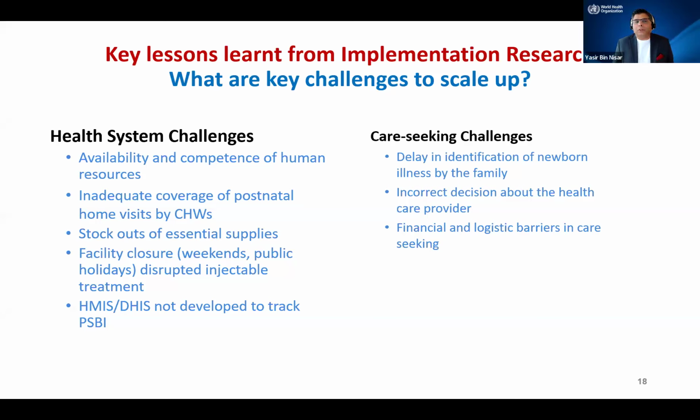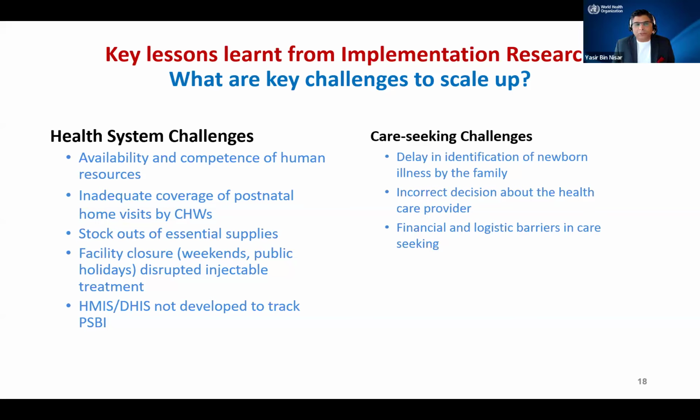First and most important is availability and competence of human resources. Very important, because we are offering treatment at lower facilities. So the staff should be trained and they should know their clinical skills to identify these young infants with the signs of infection immediately.